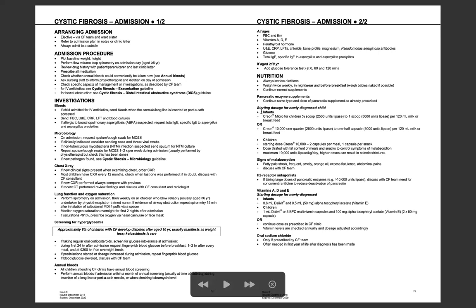Here it's written, infants you will give to the children. So as soon as the child is diagnosed with cystic fibrosis, you will start all these things, pancreatic enzyme supplements. And if you are giving large doses, you will consider H2 receptor antagonists. And also you will supplement with vitamin A, D, and E.